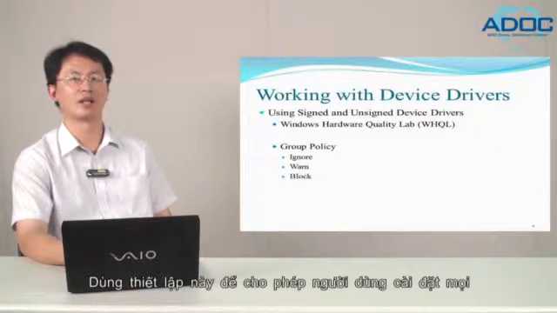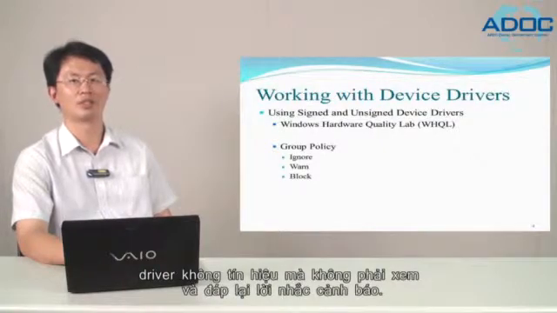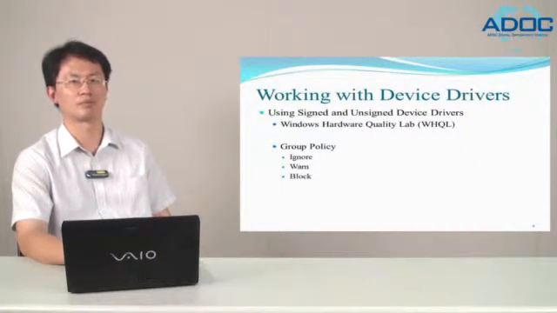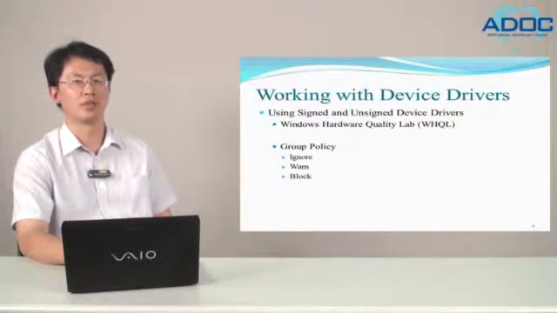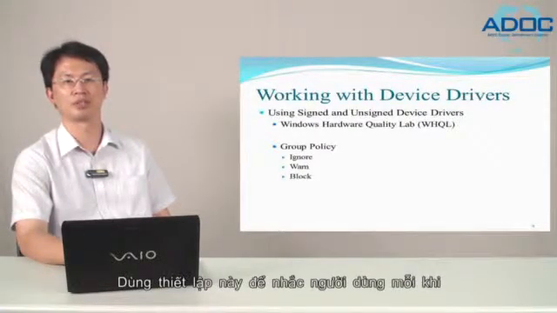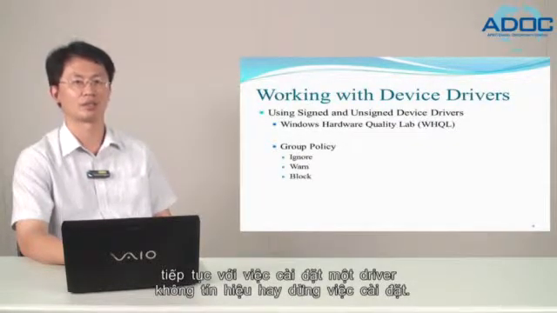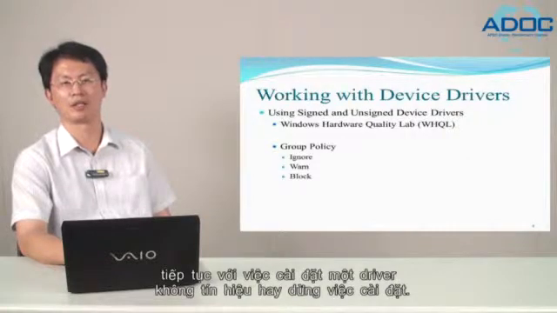Use this setting to allow users to install any unsigned driver without having to see and respond to a warning prompt. The second is warn. Use this setting to prompt users each time, either to continue with the installation of an unsigned driver or to stop the installation.